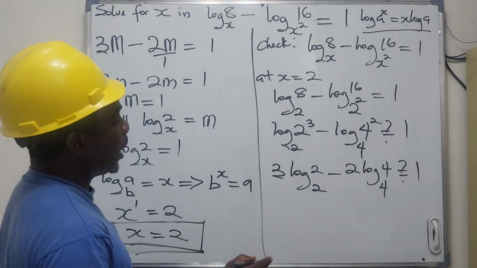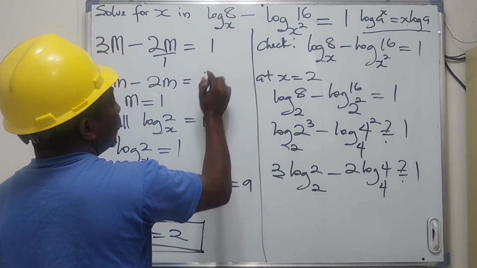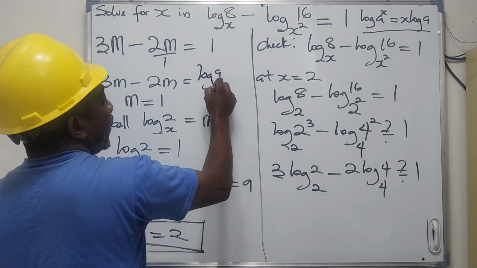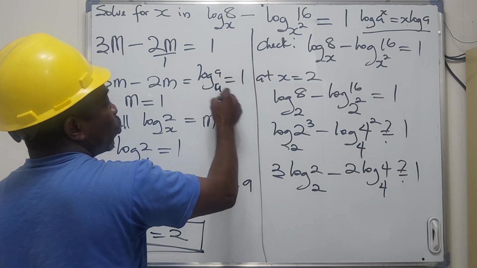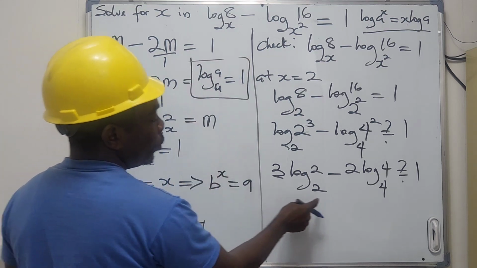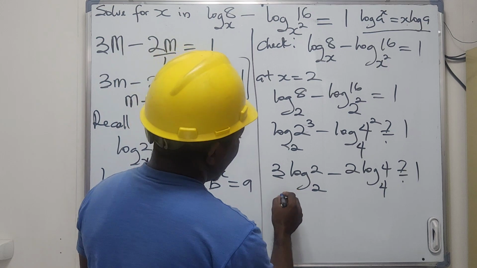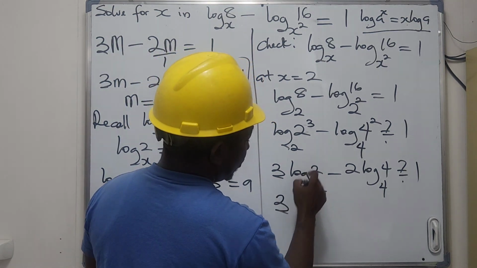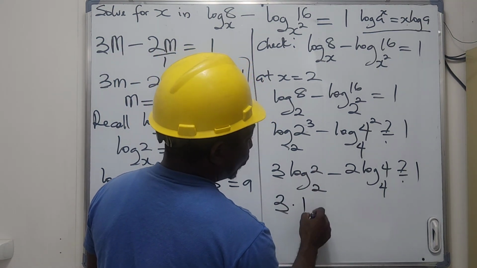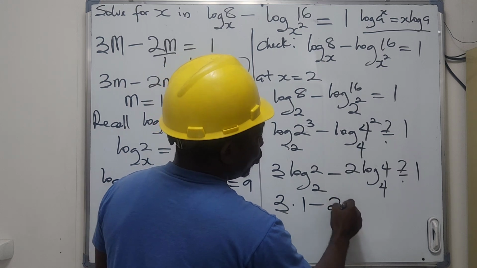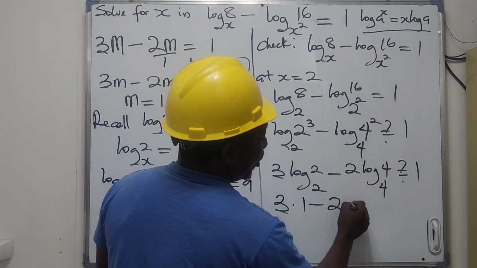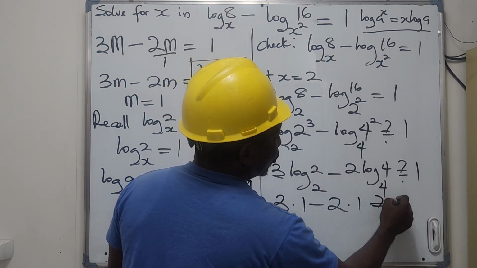We recall, as we said before, that log a base a is the same thing as 1. So applying this rule to this equation, we are going to have 3 log 2 base 2, which is 1, 3 times 1, minus 2 times log 4 base 4, which will become 1. Will this equal 1?